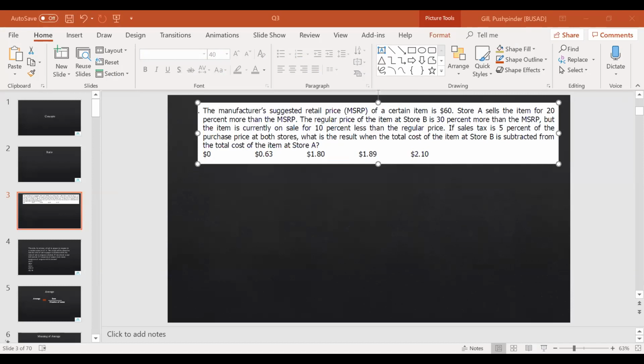Let's get to some difficult problems now. It says the sales tax is 5% of the purchase price on both the stores, so it will be the same.